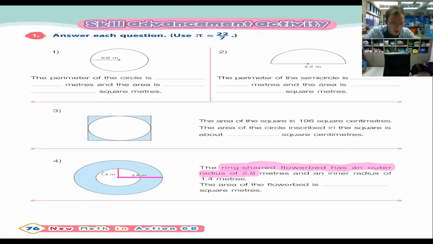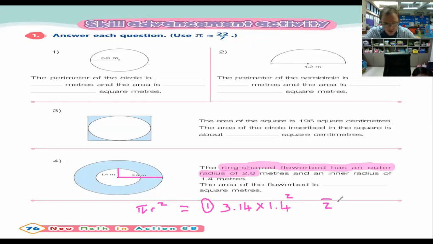Firstly, we have to calculate the two areas. You are going to calculate pi radius squared for two circles. The first one is 3.14 multiplied by 1.4 squared.